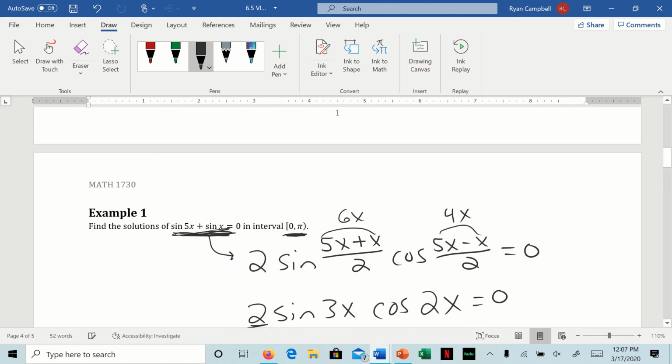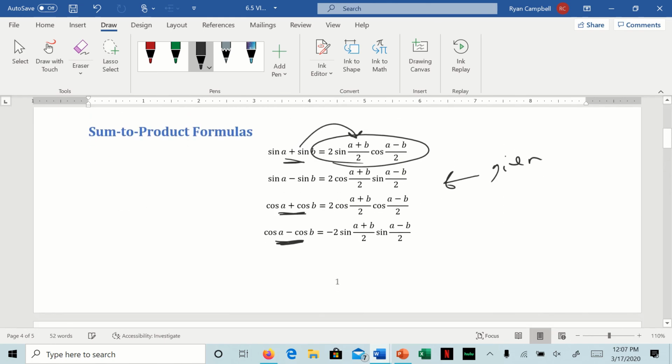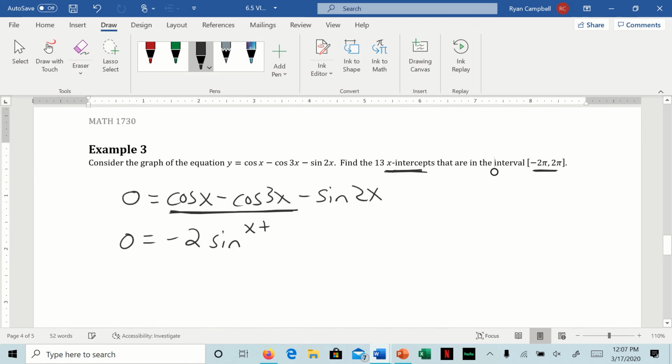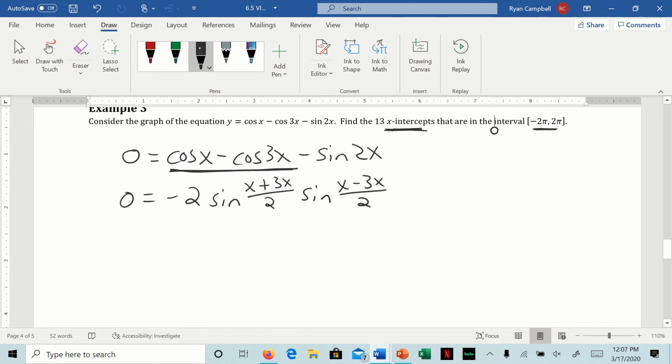Again, I haven't memorized these formulas, which is why I don't expect you to memorize them either. So we got addition and then subtraction. So sine of (x plus 3x) over 2 times sine of (x minus 3x) over 2, minus sine of 2x, right?